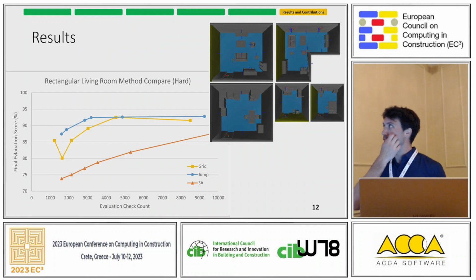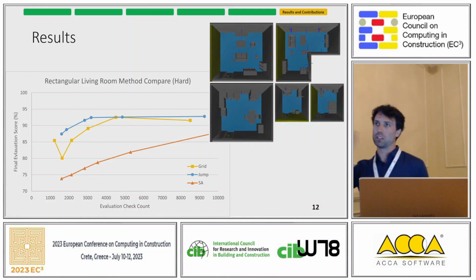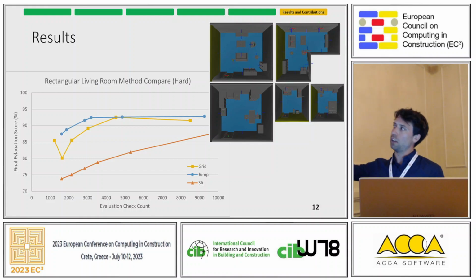I can't exactly go over all of the 8 examples, so I'll just show one for now. At the bottom is the evaluation check count, which is the budget of the number of checks that each method is allowed to use. On the y-axis, we have the final evaluation score as a percentage, basically the compliance score for each one.